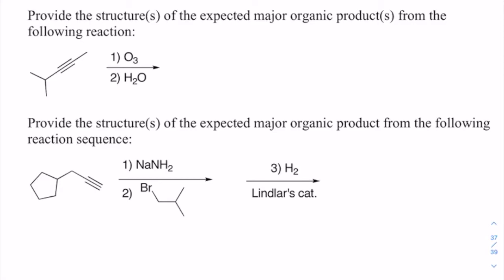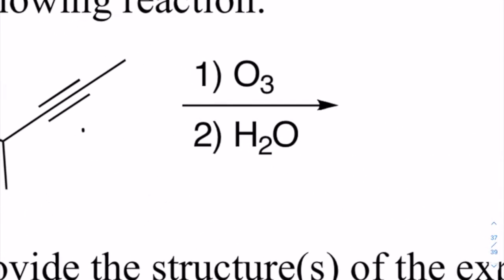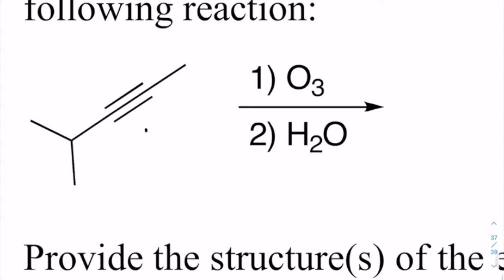Number 3, provide the structures of the expected major organic products from the following reaction. So we have, again, a triple bond, and we have ozonolysis, right? Because we have O3 and H2O, so we know ozonolysis is going to split this triple bond right down the middle. So we know we're going to get two molecules.